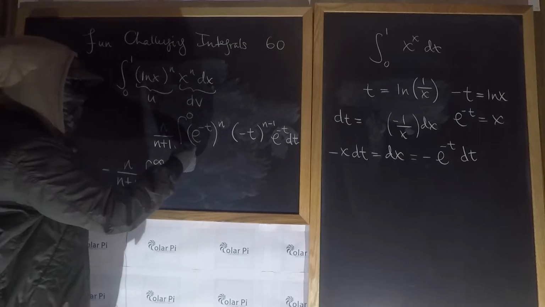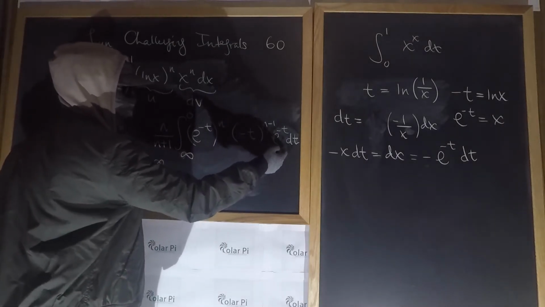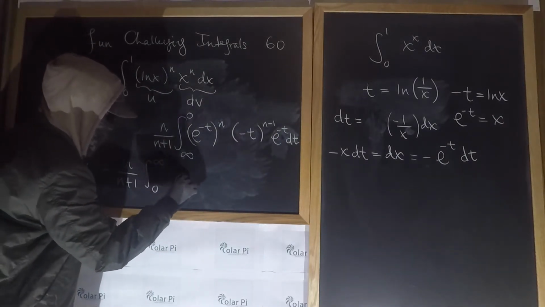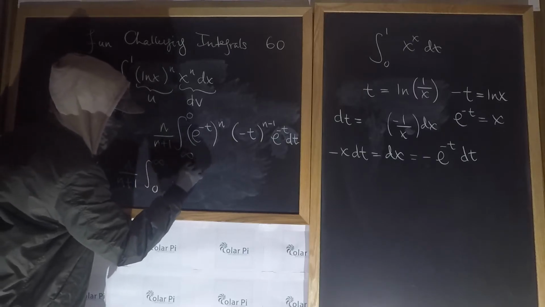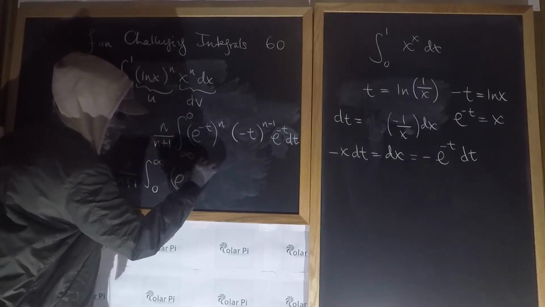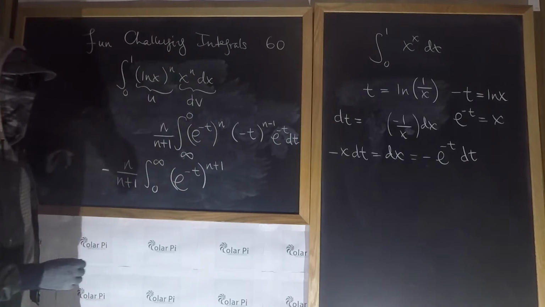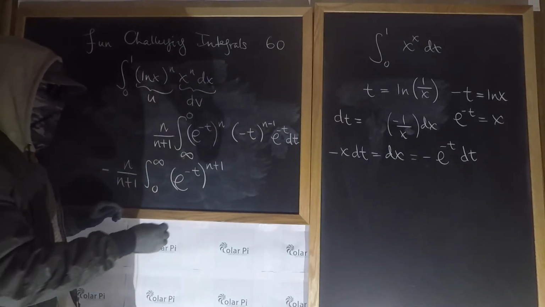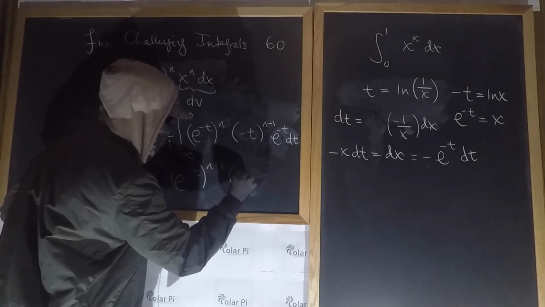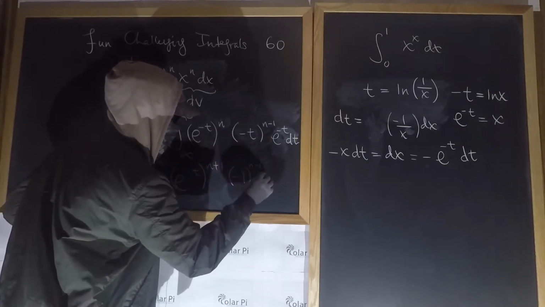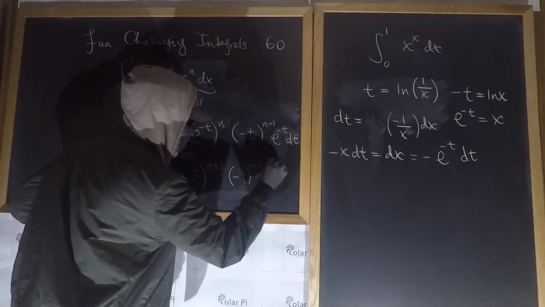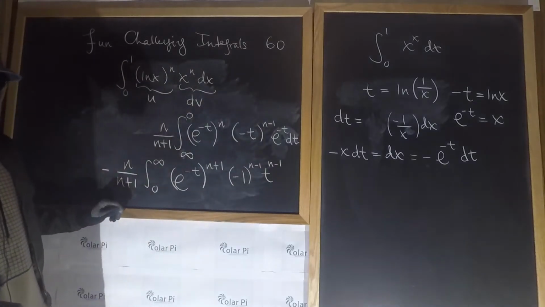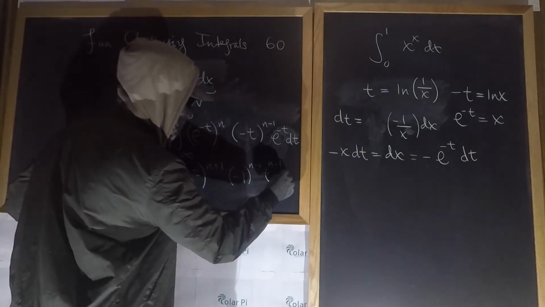And then as I said, this here and that there combine to e to the minus t to the power n plus 1. And then minus t to the power n minus 1 is negative 1 to the power n minus 1, and then t to the power n minus 1, right? And of course we have dt.